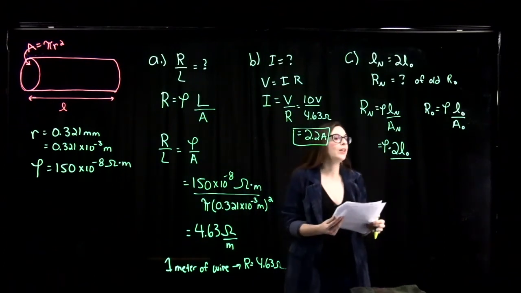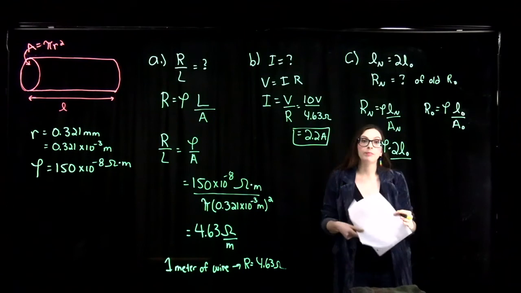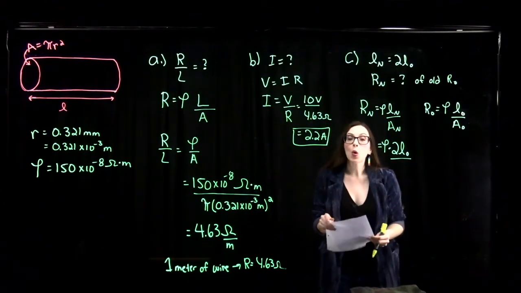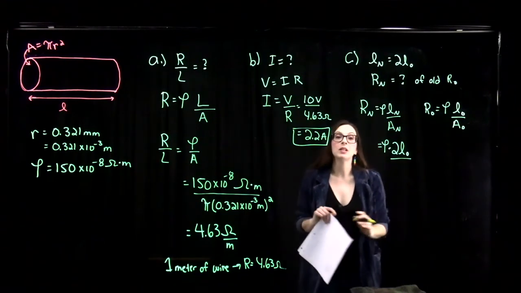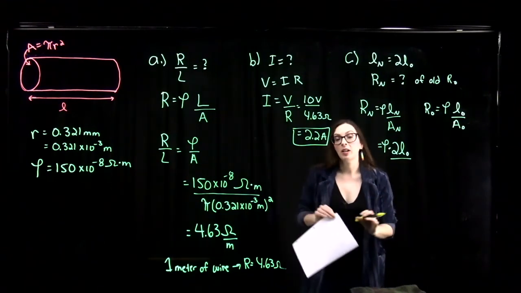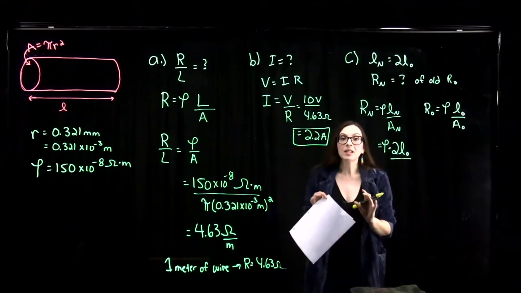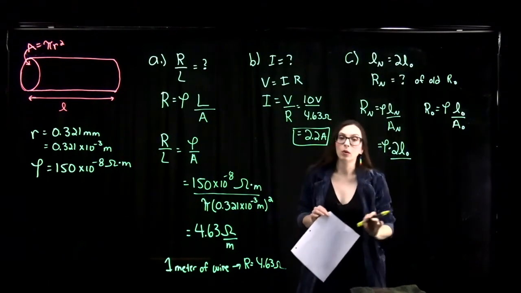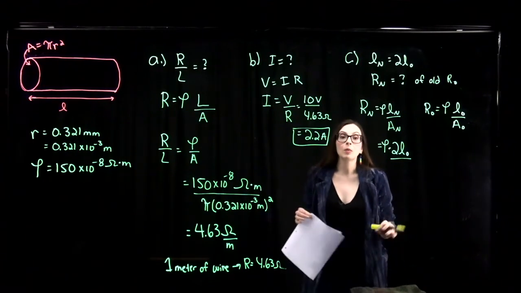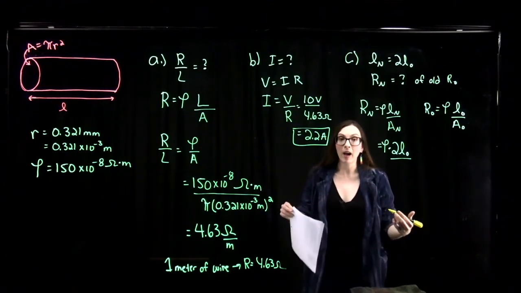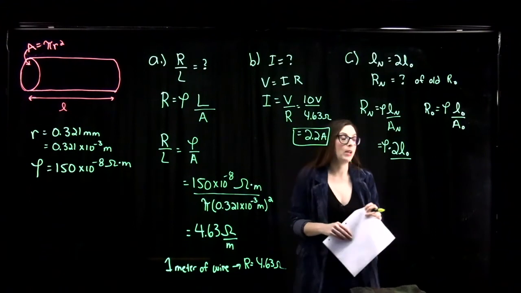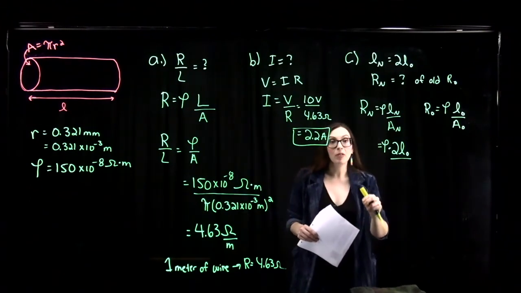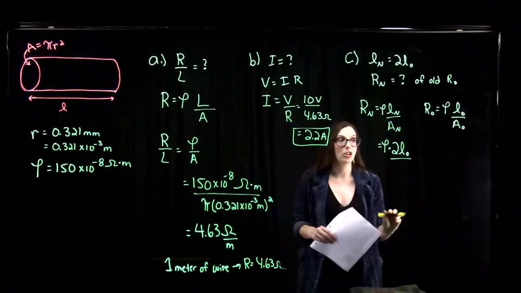Well, to do that, we need to think about volume. In this wire, we are keeping the same amount of material. We're just changing the length. We're melting it down and reshaping it so that the new length is twice the old length, but we're still keeping the same amount of material that that wire is made up of. So that means that we have the same volume of the material before and after we reshape it.